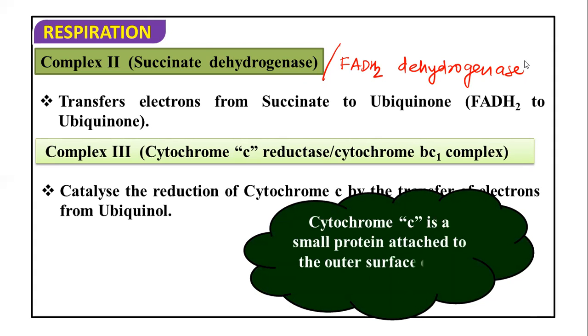Cytochrome C is a small protein that is attached to the outer surface of the inner membrane that we have discussed. But we remember this complex 3 is inhibited by an inhibitor, that is antimycin.